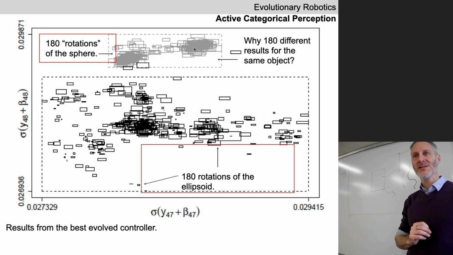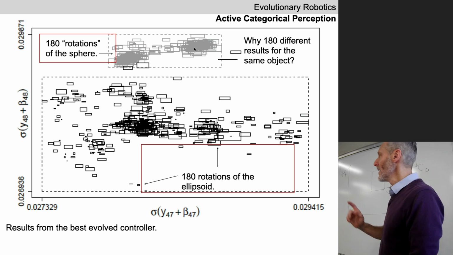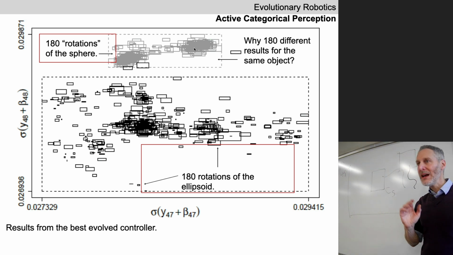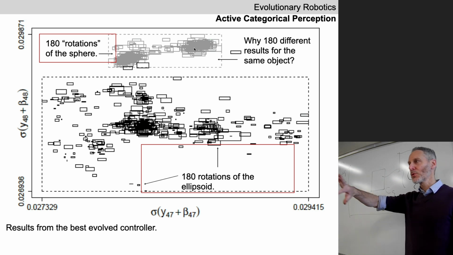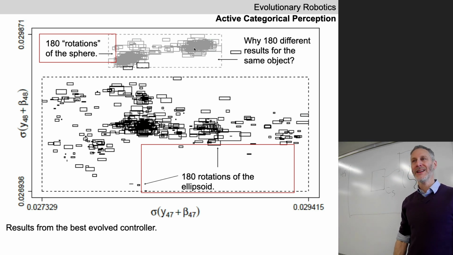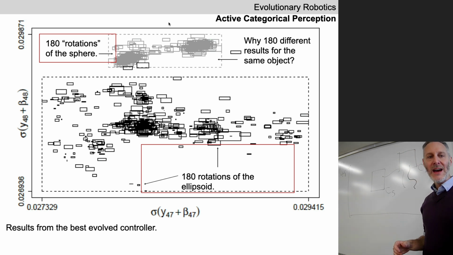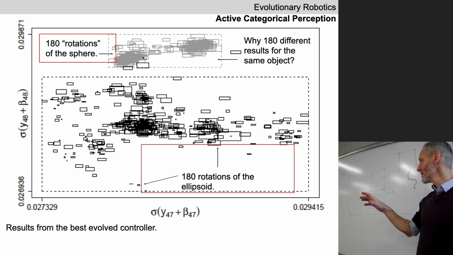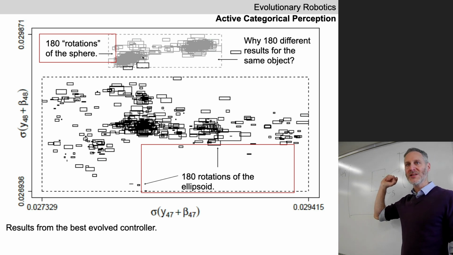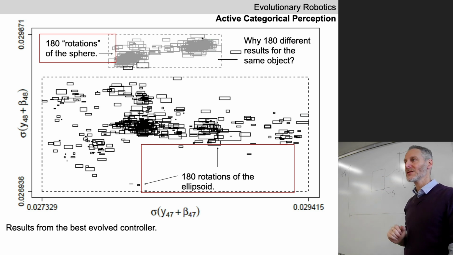Man never enters the same river twice. We often approximate reality in simulation by sprinkling noise throughout the robot. It doesn't see perfectly, it doesn't act perfectly, and that noise has an influence on the values of 47 and 48, producing different boxes. Why are there two clumps of boxes in the case of the spheres?